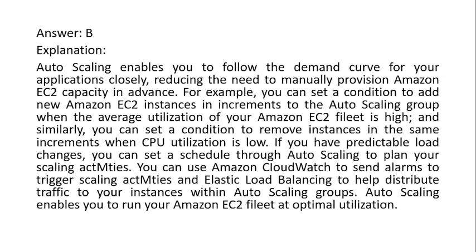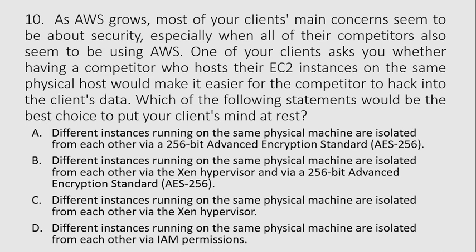Next is different instances running on the same physical machine are isolated from each other via Xen hypervisor. Next, different instances running on the same physical machine are isolated from each other via IAM permissions. So among these four, the answer is C.